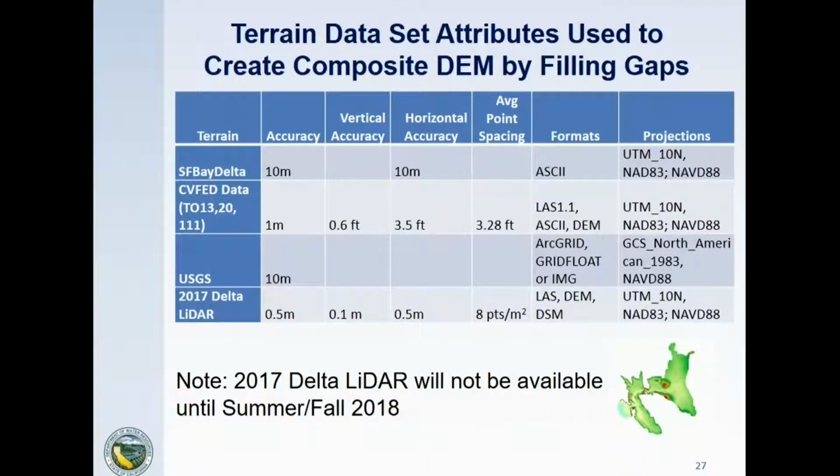Whereas on the east side, we'll have CVFED data, task order 20, which will have DEMs also, and the rest by task order 111, the FEMA, DWR and CTP partnership agreement, where we post-process the data that was not processed under CVFED. The third priority would still be USGS. So that's how we are approaching it right now.